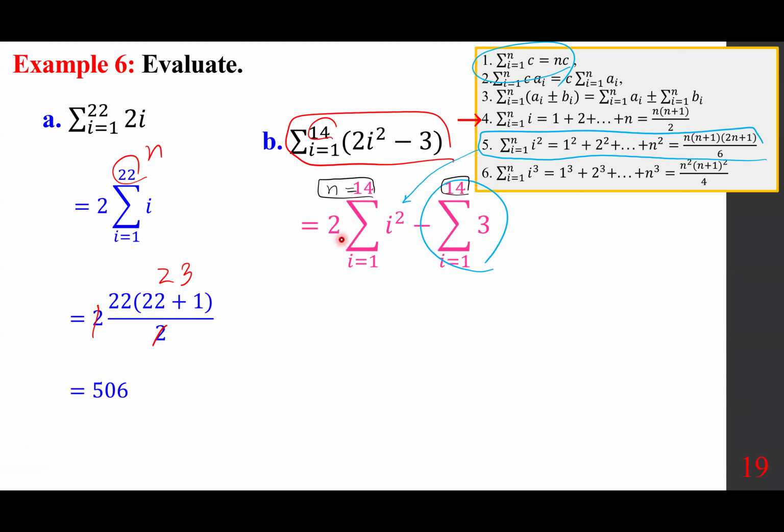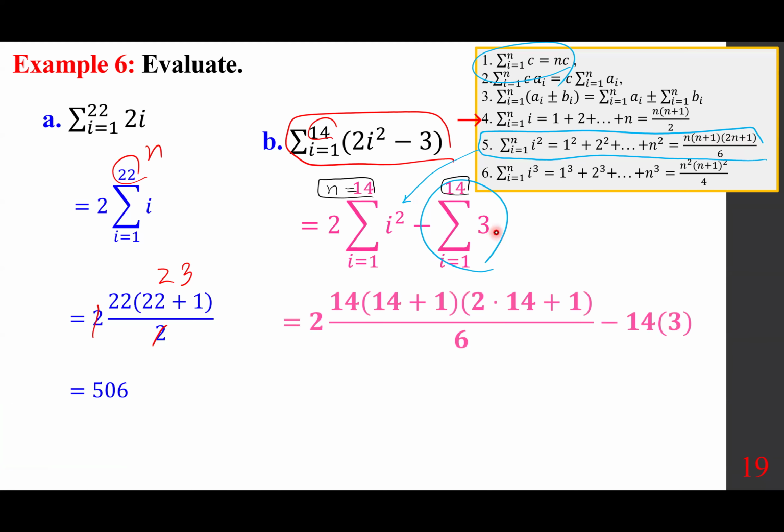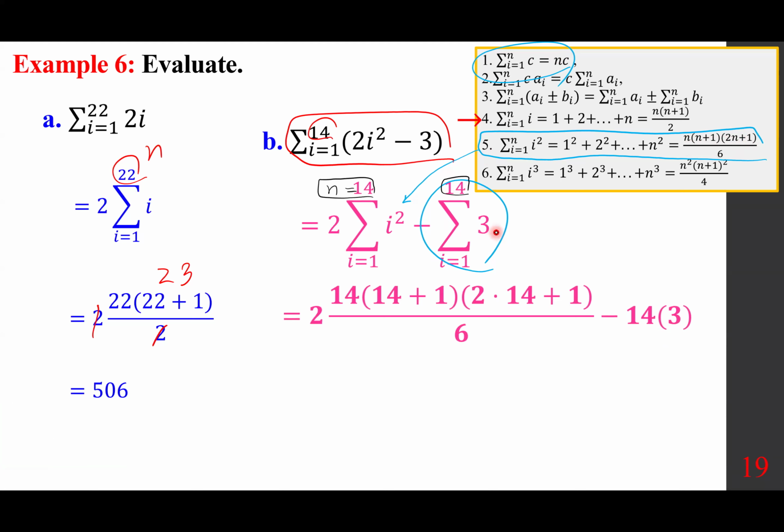So 2 times n, which is 14 times 14 plus 1 times 2 times 14 plus 1, divided by 6 for this part, and this one minus the summation of n, 14 times c, which is 3. So that's pretty straightforward, everybody.